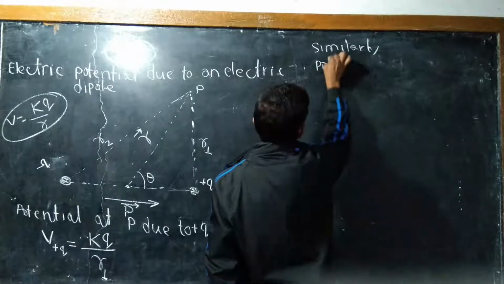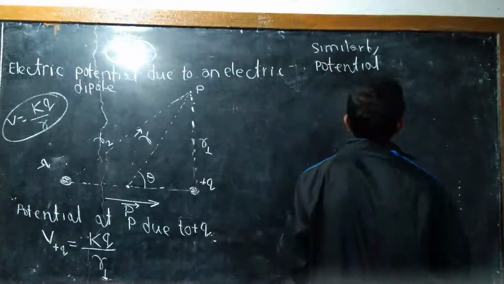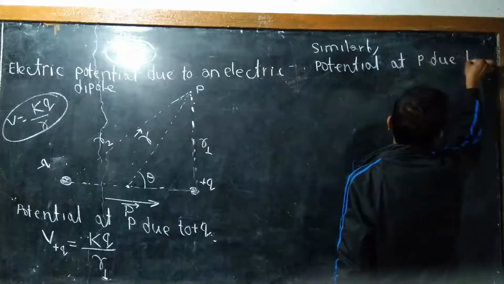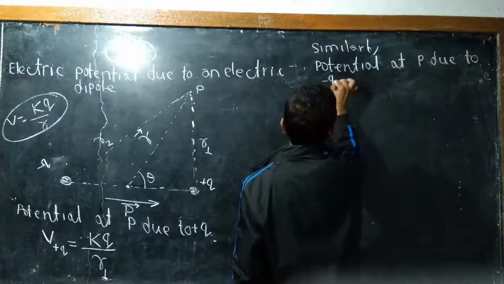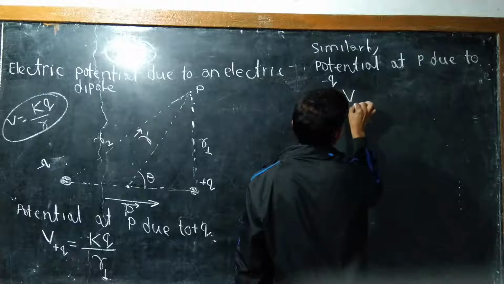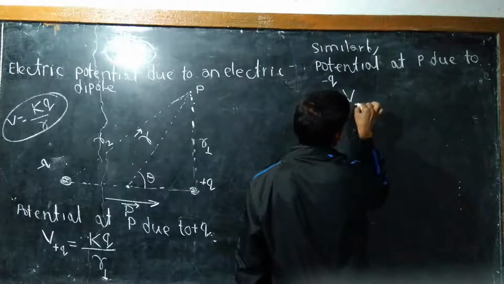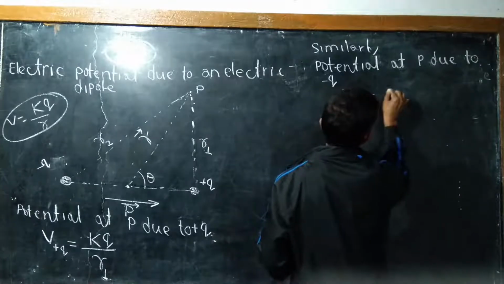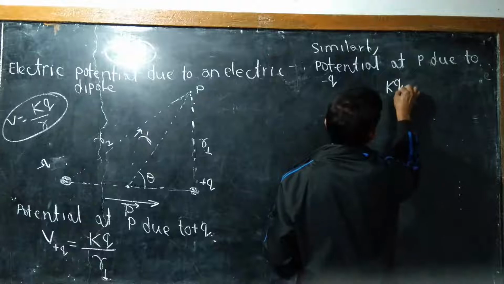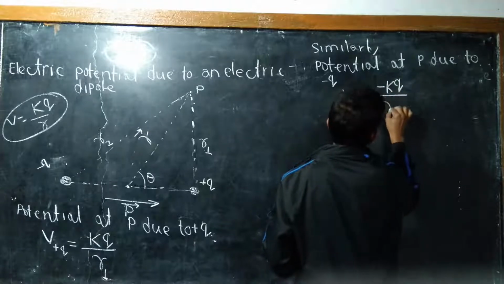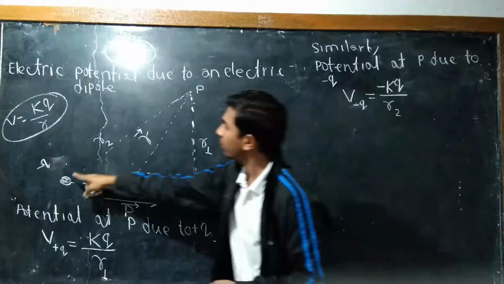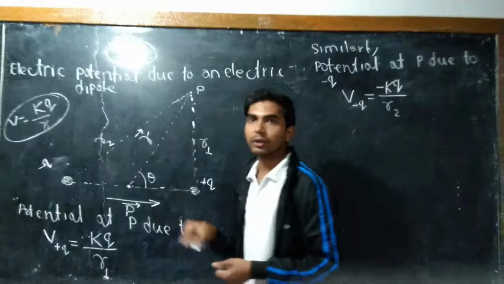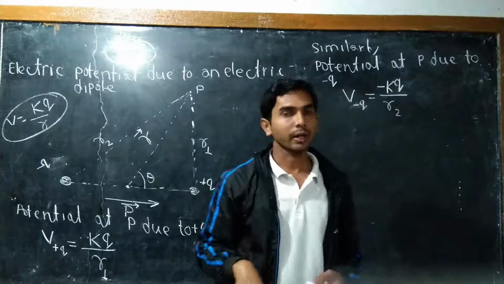Similarly, potential at P due to minus Q is V minus Q, and that V minus Q is minus KQ by R2, right? This separation is how much? R2, right? So we are able to write like that, okay?